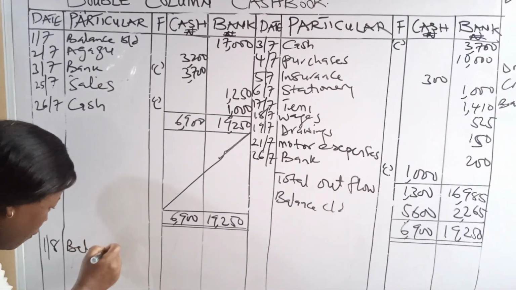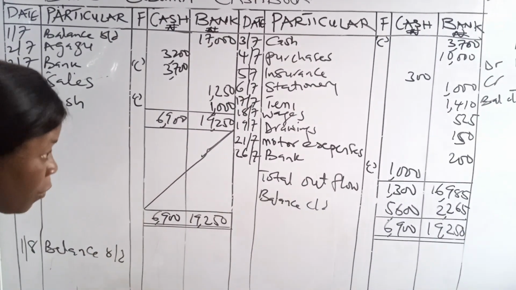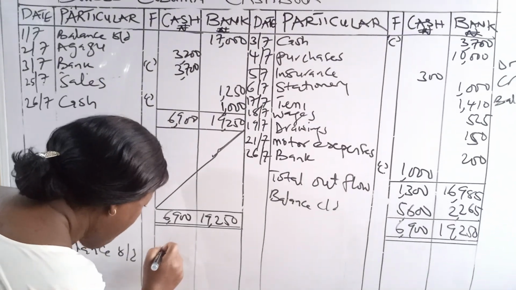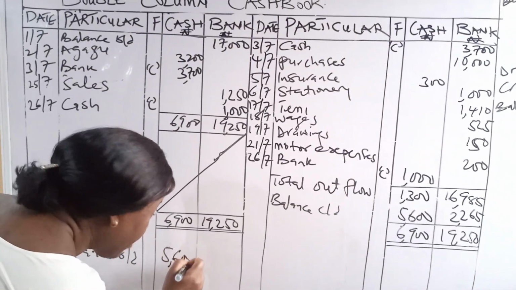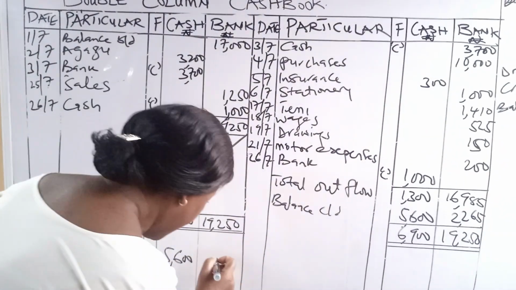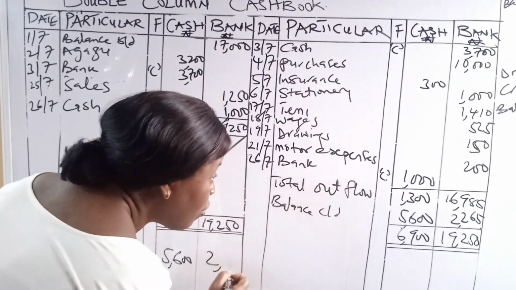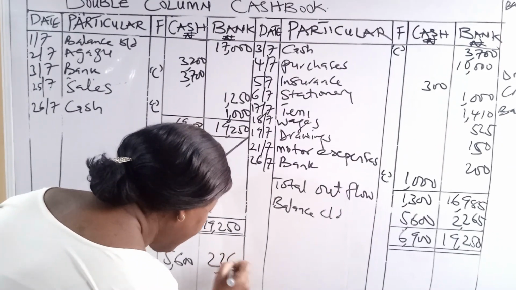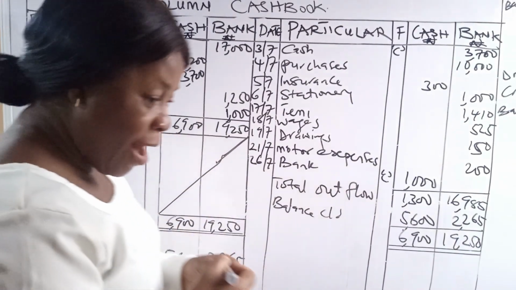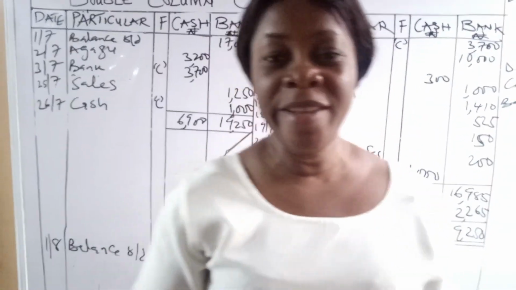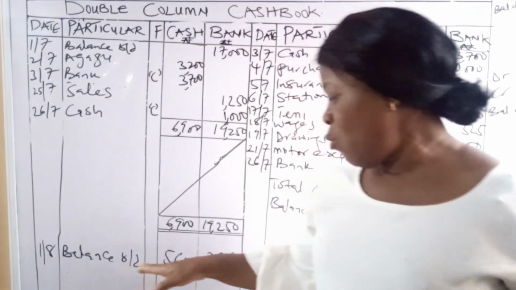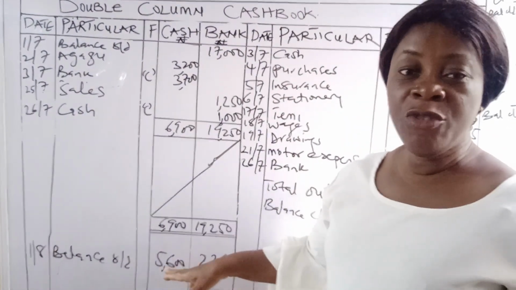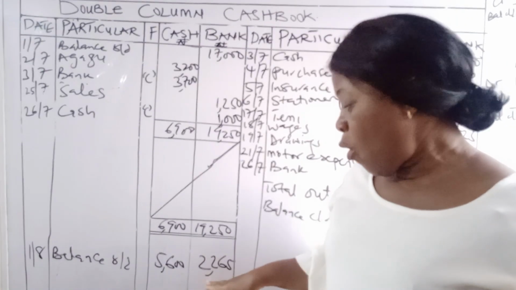Balance BD. For cash, we have 5,600 naira, and for bank we have 2,265 naira.